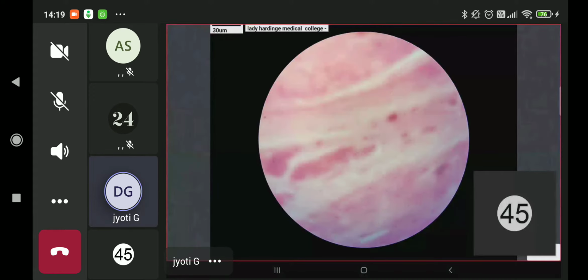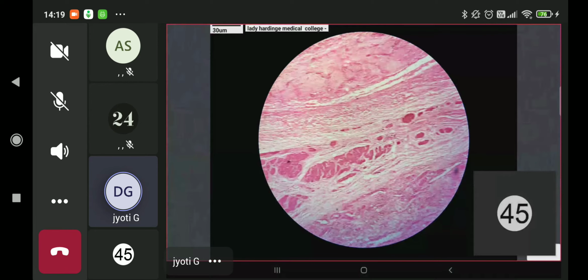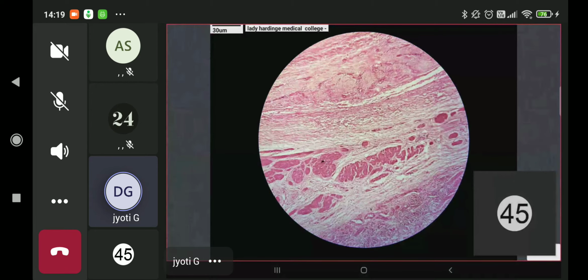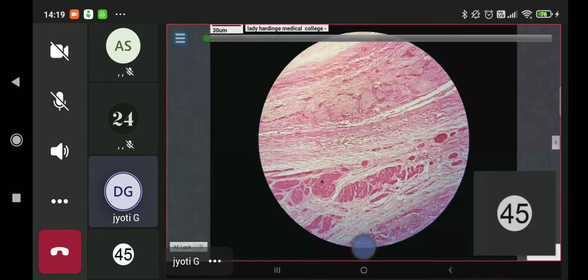Okay, I'll come to it later. So now we come to mesoderm. Okay, in mesoderm what all will you see? You will see mesenchymal tissue, right? So right now on your screens is smooth muscle bundles.